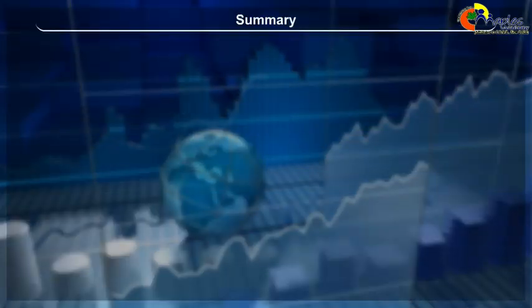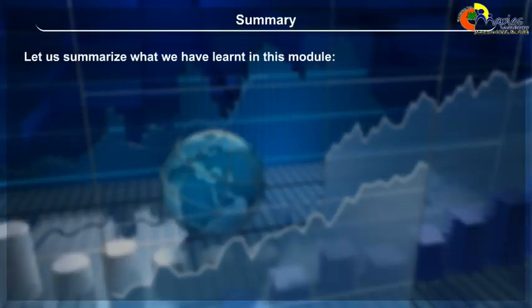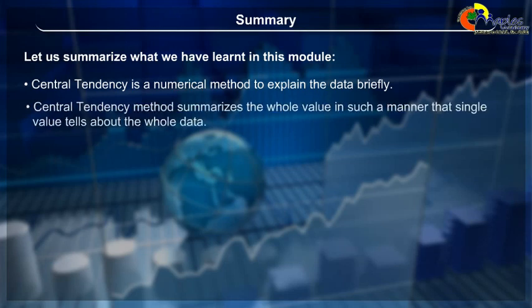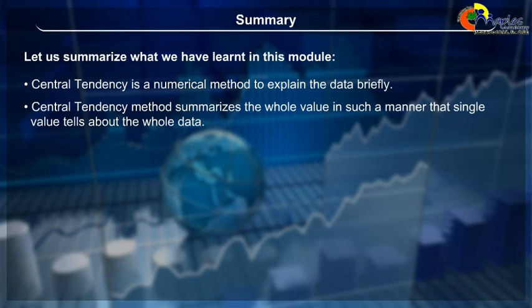Summary. Let us summarize what we have learned in this module. Central tendency is a numerical method to explain the data briefly. Central tendency method summarizes the whole value in such a manner that single value tells about the whole data.